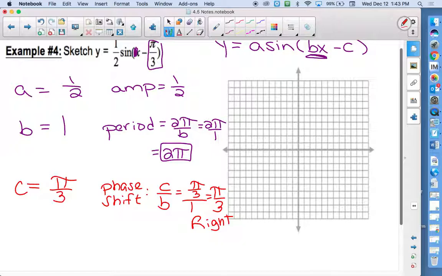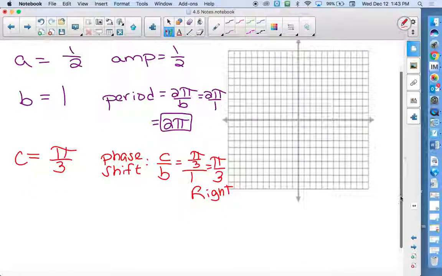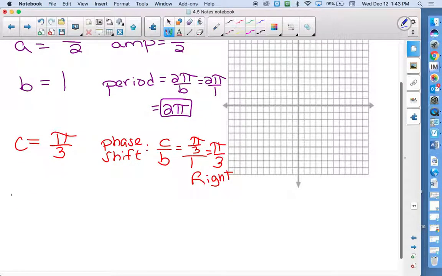The last thing that we need to find in order for us to get from one angle to the next is the key point. And remember, that's the period divided by 4, because that gives me equal increments to go from one angle to the next angle to the next angle.